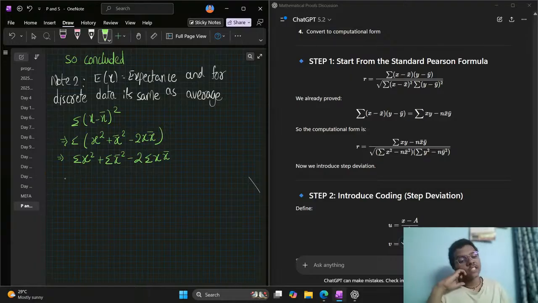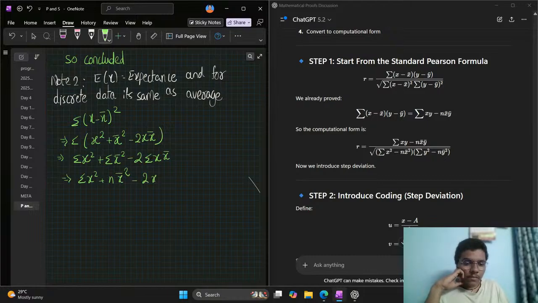So what are the constants here? x is a variable, leave it as it is, and n x bar square minus 2 x bar summation of x. Is it? So from that, how did he get this?